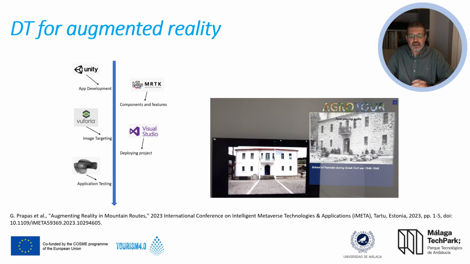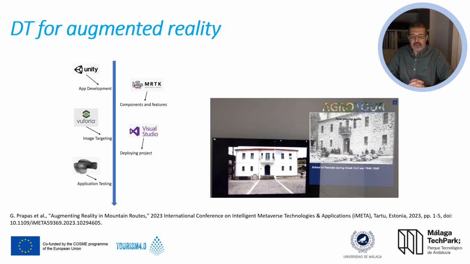This second work, as the previous one, only uses the 3D information of the digital twin. In this case, it is used for augmented reality. This work makes an application based on augmented reality that shows you the previous appearance of several buildings in Macedonia in the period of its civil war.